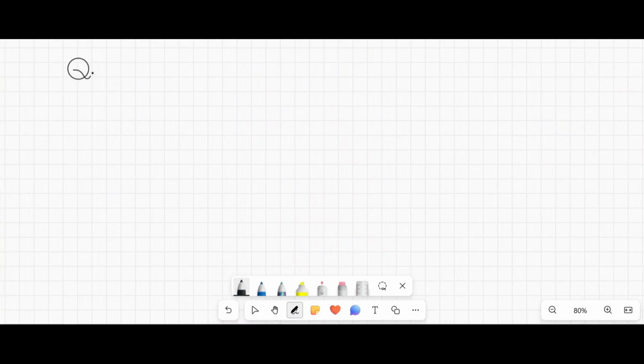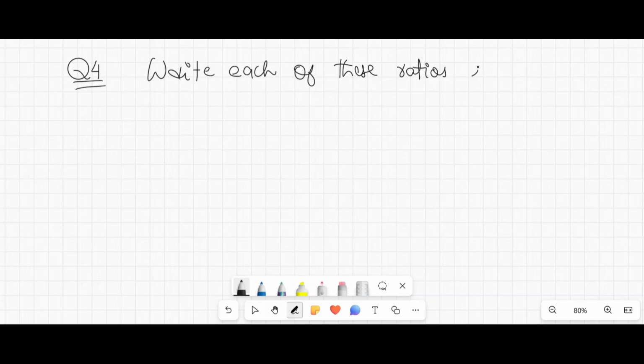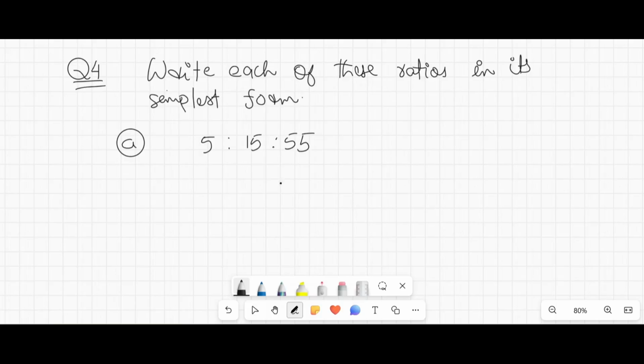It says, write each of these ratios in its simplest form. So we have part A, 5 ratio 15 ratio 55.